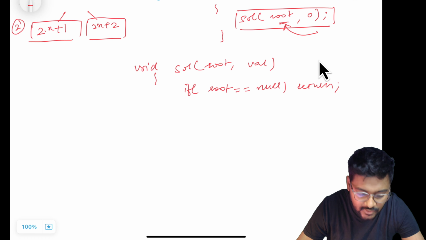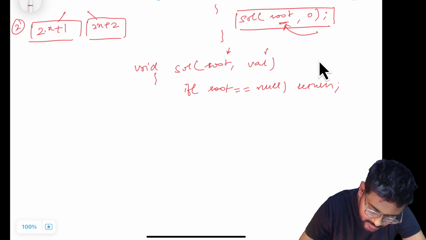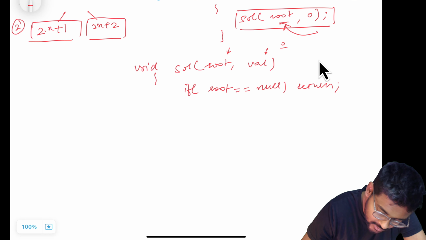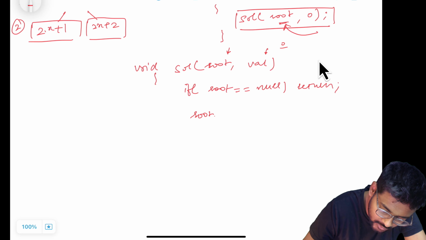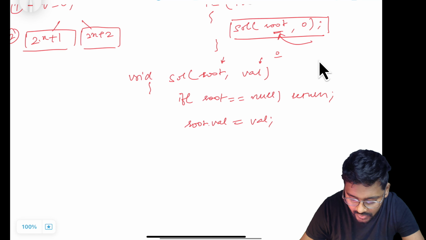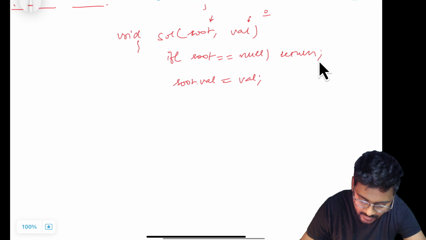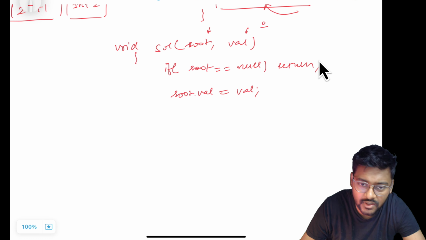Otherwise, assign the correct value to the correct node. Correct node is root, and correct value is this. Initially it is 0. So root.value is equal to value, assigning the correct value. And now you just go through the left child and right child only if they are not null. Or you can say there is no need to apply the condition, just go to the left child, go to the right child.